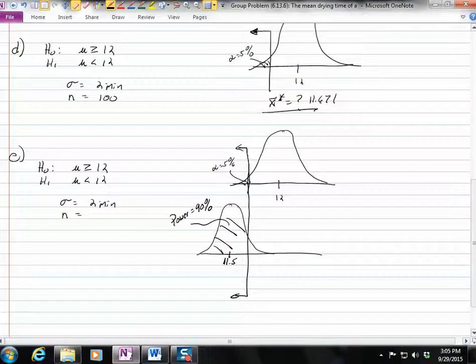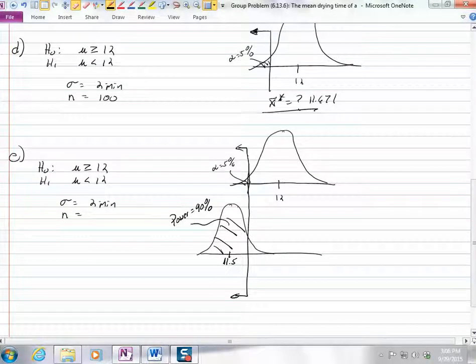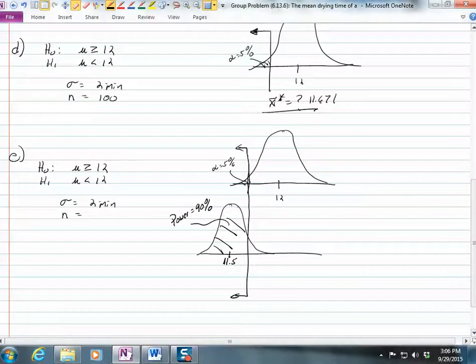What's that? So I got 0.05 for alpha here, right? So 0.05. That's 0.005. So it should be 1.645. So your z is minus 1.645 here. And keep in mind you don't know n yet. Oh, you're doing d.